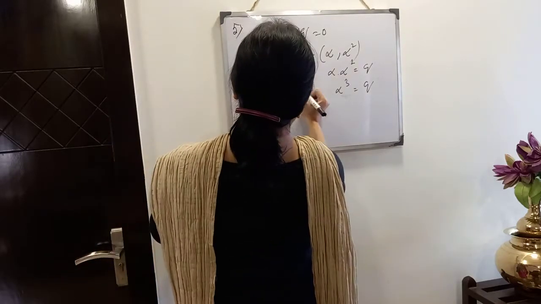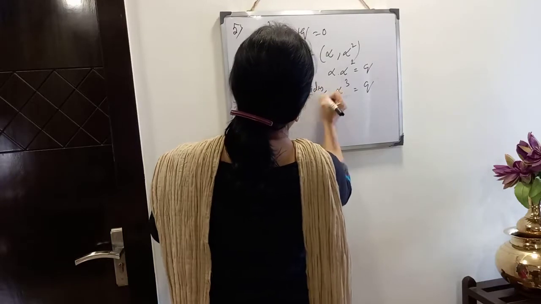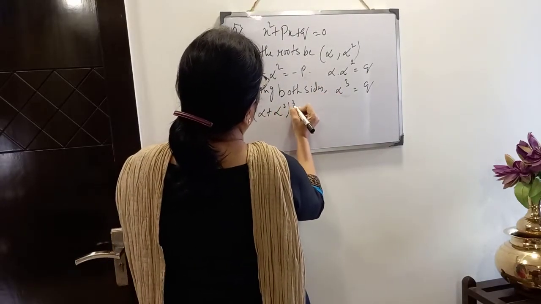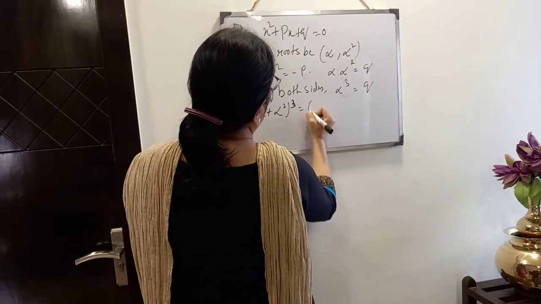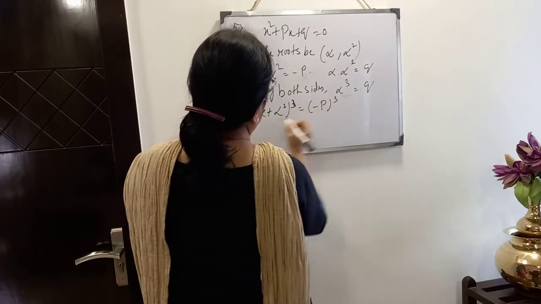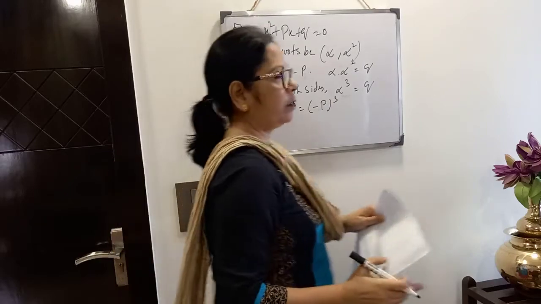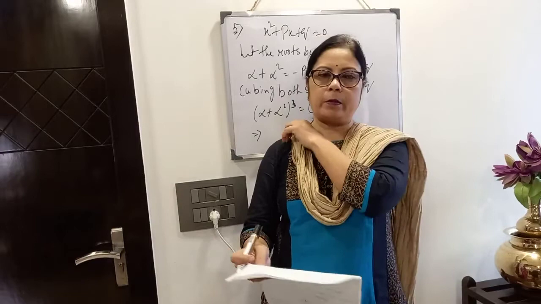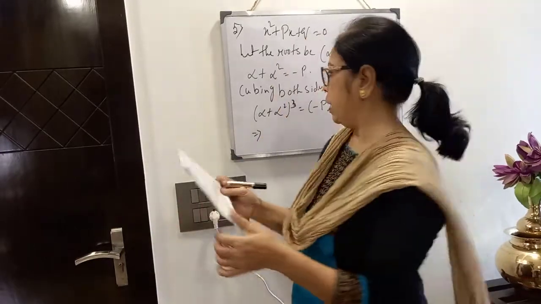Cubing both sides. A plus b whole cube formula: a cube plus b cube plus thrice ab into a plus b. We will apply that.